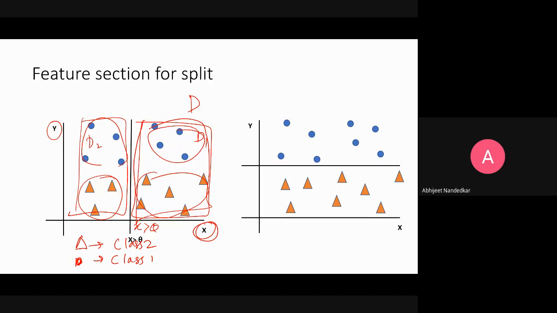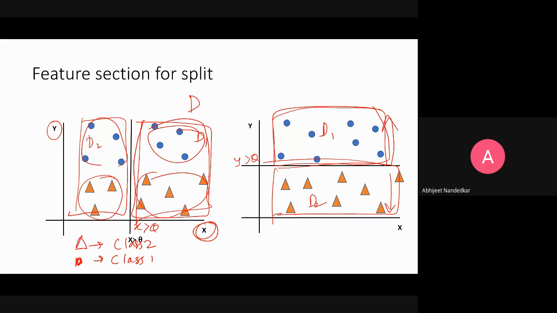Now instead of that, suppose you take this feature Y and you divide your data into two groups using Y. Then you see that this is a pure box where all the samples belonging to omega 2 are there, and on the upper side you have a pure box of samples belonging to omega 1.